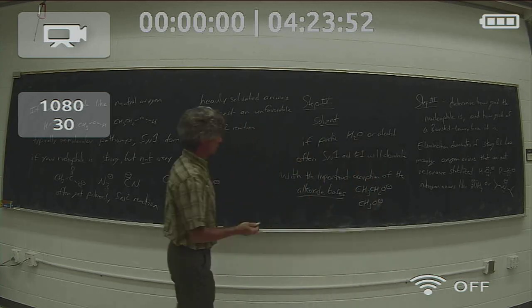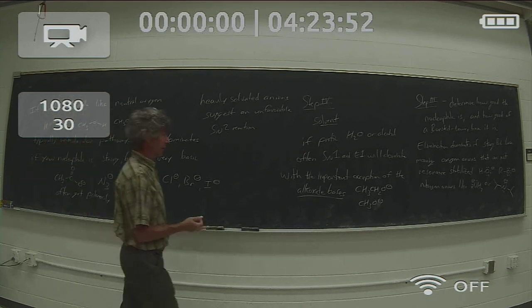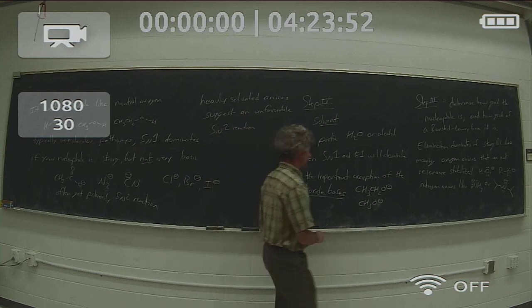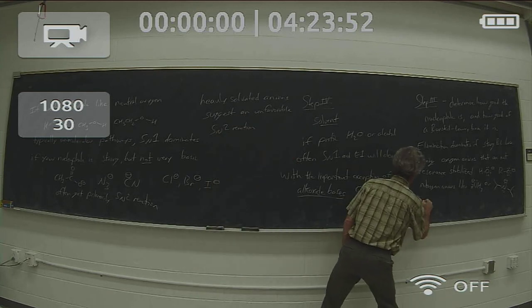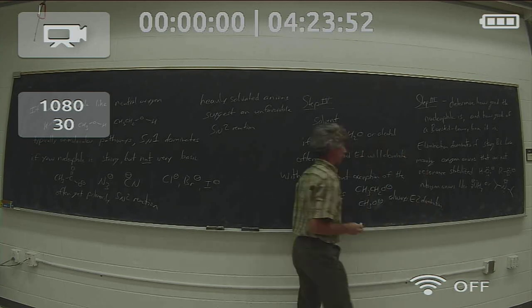And anytime you see an alkoxide base like that, you're doing an elimination pathway, not a substitution pathway, and generally an E2 elimination, regardless of the solvent.